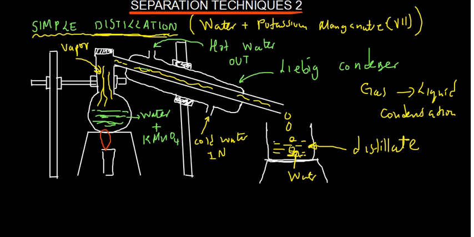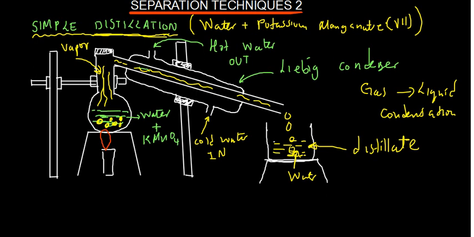Okay, and then what is going to remain in the round bottom flask is the solid potassium manganate, after all the water has moved. So this is a process of simple distillation. The water is going to boil and evaporate, forming vapor, leaving behind potassium manganate in the round bottom flask.